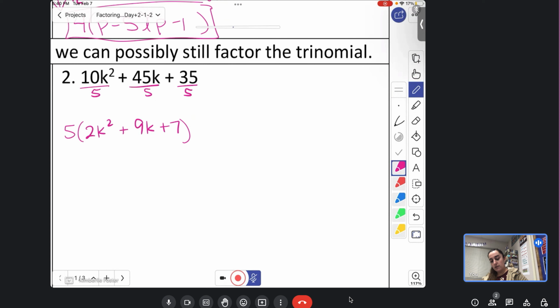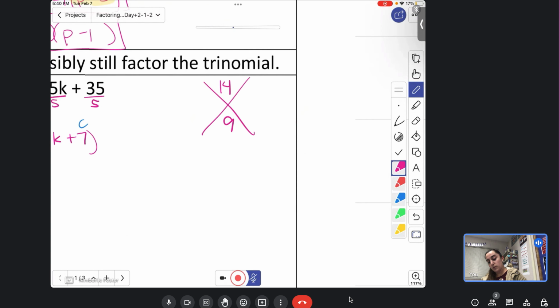Okay, now comes our x factor. A is 2, B is 9, C is 7. So the top is A times C. So I'm going to get 14 on the top. I'm trying to find two numbers that multiply to 14 and add to 9. All right, we don't have many options for 14. We know it's 1 times 14 and 2 times 7.